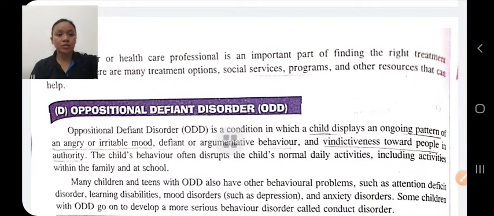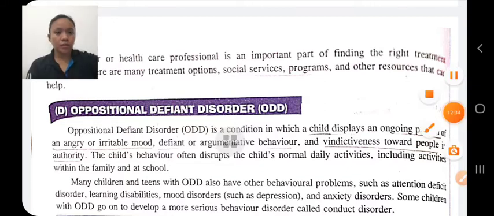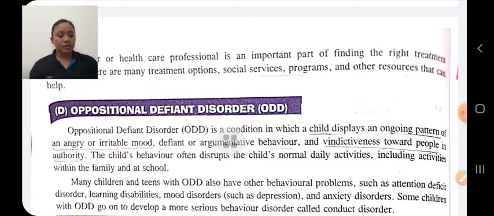Oppositional defiant disorder is a condition in which the child displays an ongoing pattern of angry, irritable mood, defiant and argumentative behavior. The child always argues with other people, does not obey the rules, and is moody, irritable and violent towards other people.